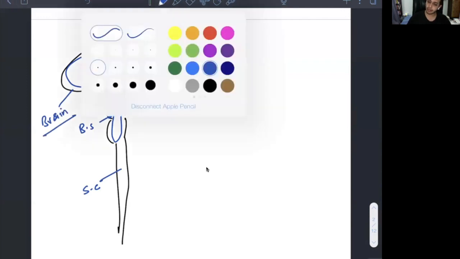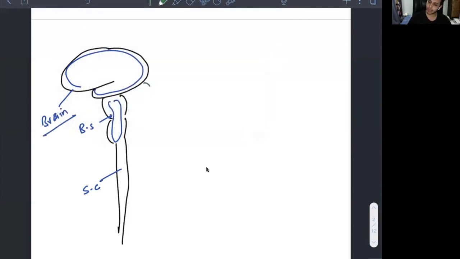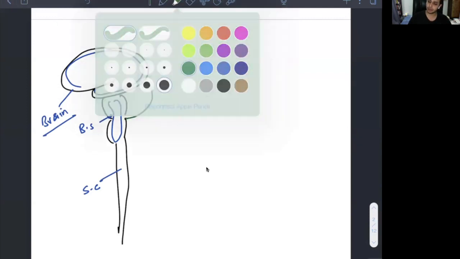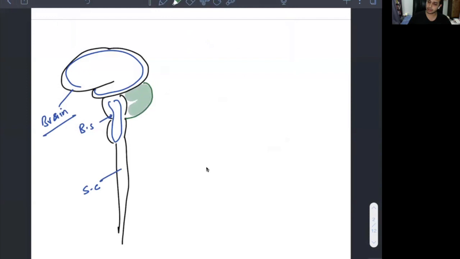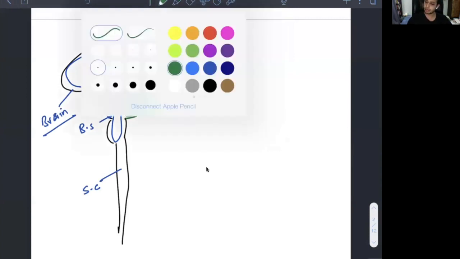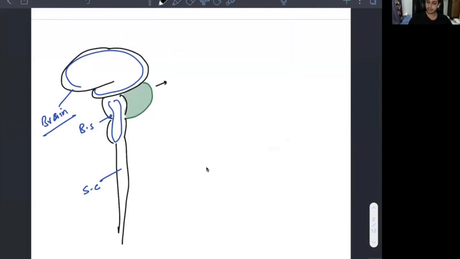So the cerebellum is behind the brain and the spinal cord. Okay, so it is in this area. And the function of cerebellum is to maintain balance and coordination.